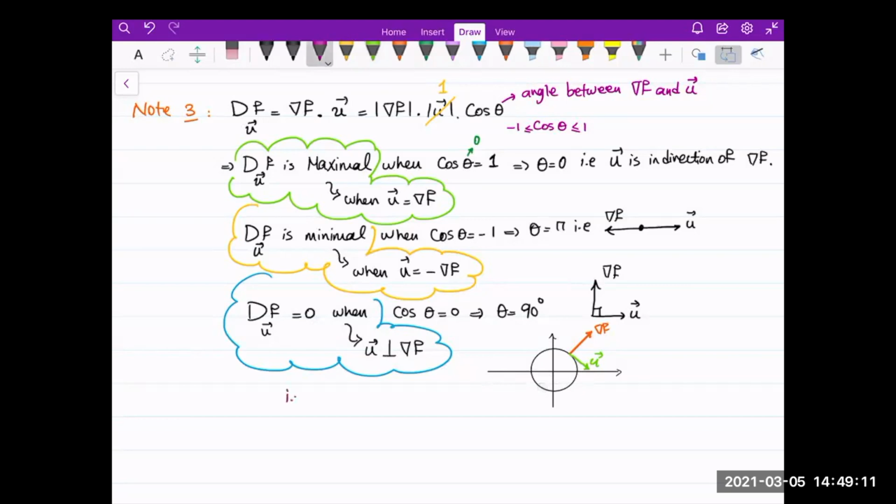So, i.e. directional derivative is 0. What does that mean? It means that the rate of change of f is 0, which means that f doesn't change, right? Directional derivative is 0 in the direction which is tangent to the level curves.